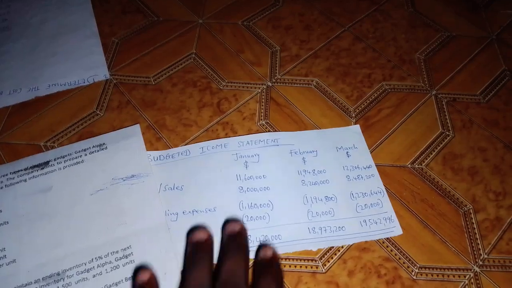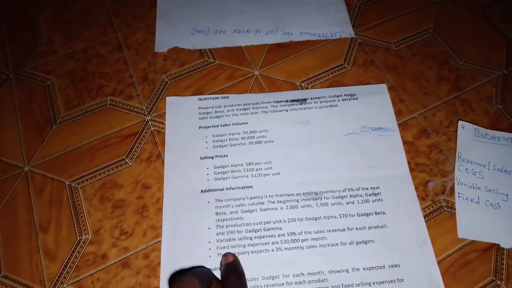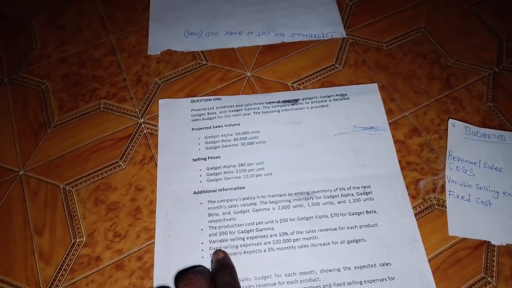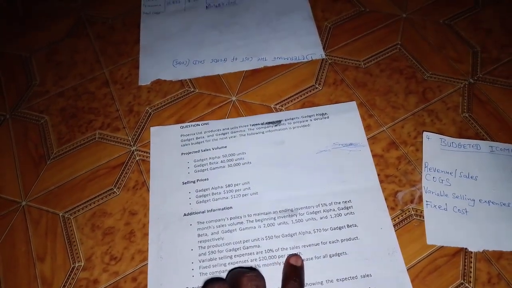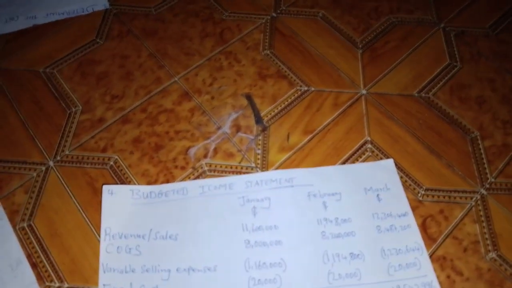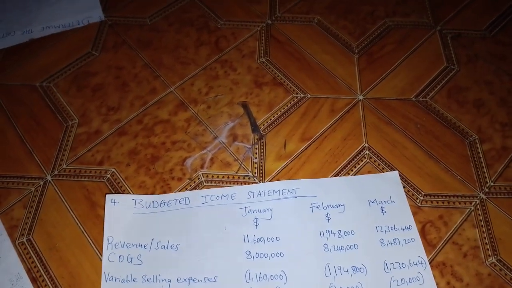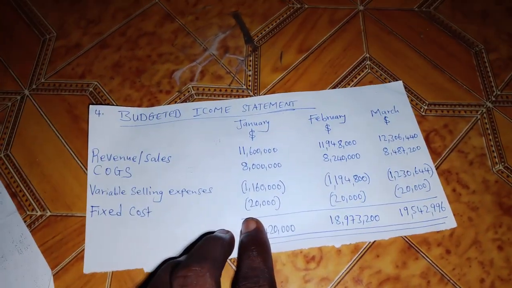We take these amounts from the additional information. We stated it very clearly. It said the fixed selling expenses are 20% per month. So we indicate it from the above months in the form of deduction.